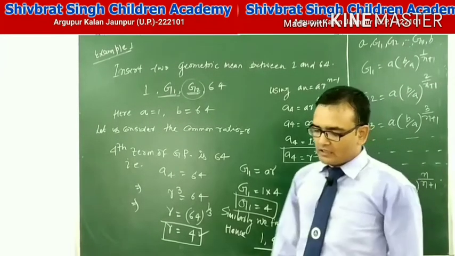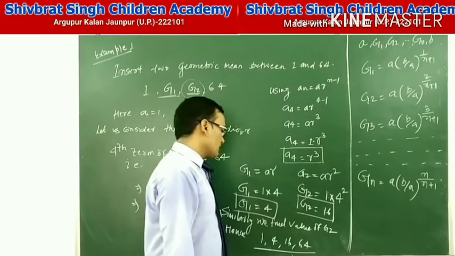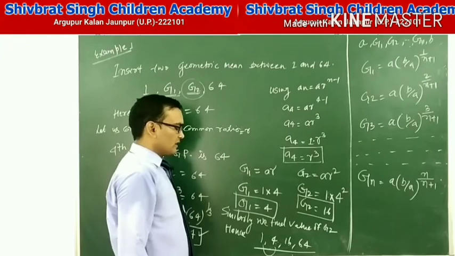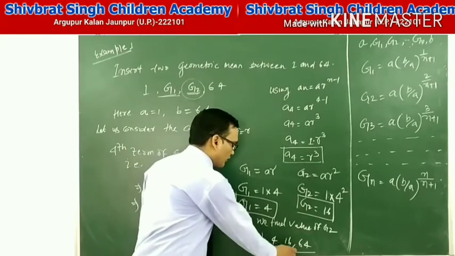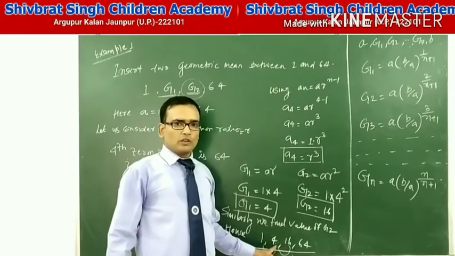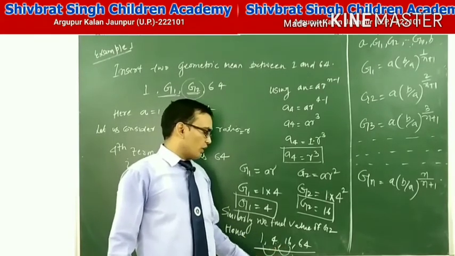We find the common ratio. Here the common ratio is 4 upon 1 equal to 4. 16 upon 4 equal to 4, and 64 upon 16 equal to 4.